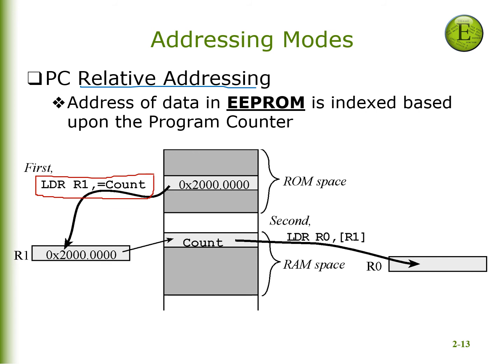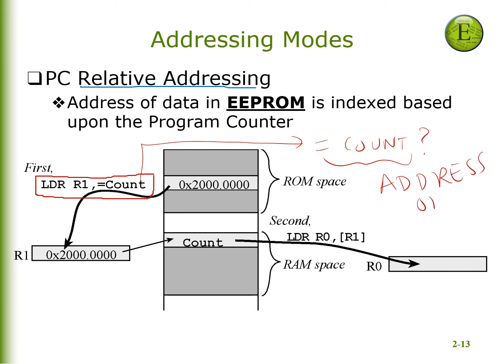What do we mean by this part, equals count? Let's try to understand that. Equals count means that we are talking about the address of the variable count.